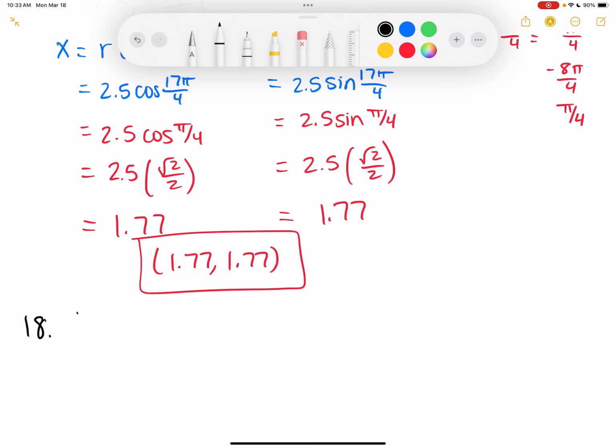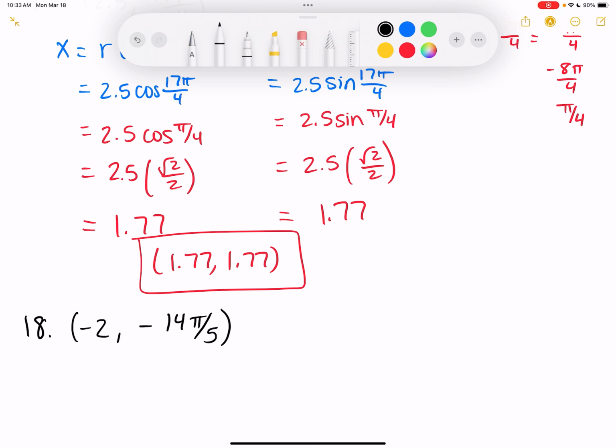All right, 18. -2 and -14 pi over 5. Now, is 14 pi over 5 something we know? Nope. Do we know how to find it? Okay. Now, is that going to give us an exact value if we do find it, like a root 3 over 2?